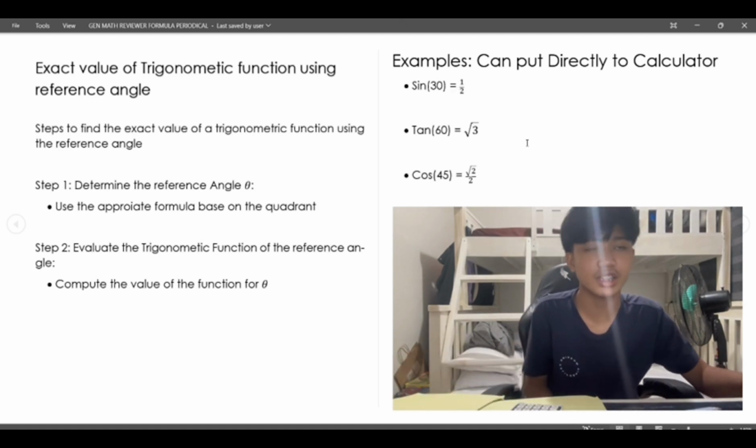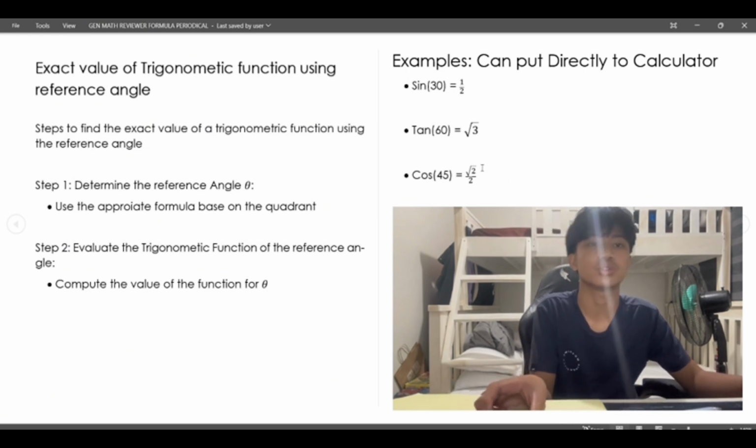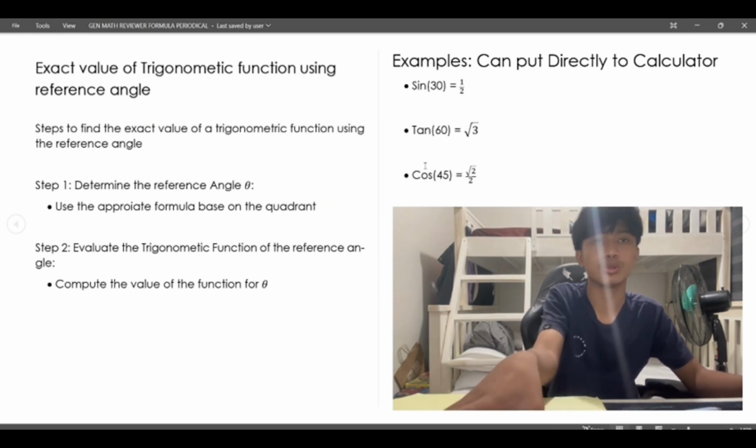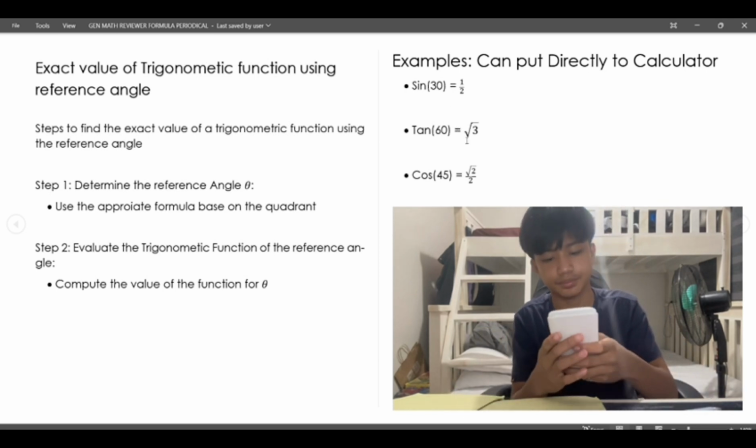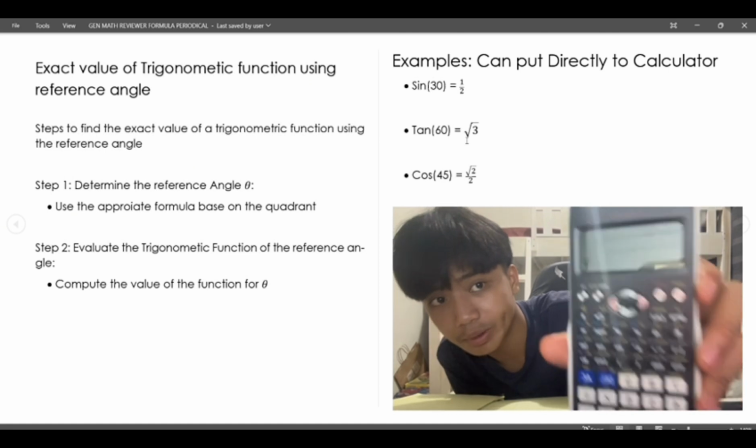Our second example is tangent 60. Tangent is TOA, which means opposite over adjacent. When you put tangent 60 on the calculator, we get square root of 3.